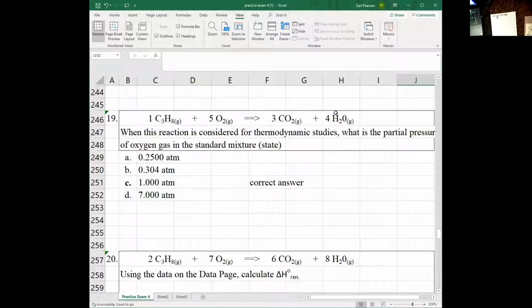But remember, the starting point is this, the ending point is this. It doesn't matter how we get from this side to this side. So we are going to take the hypothetical case that we've got a mixture containing all 4 of these gases.